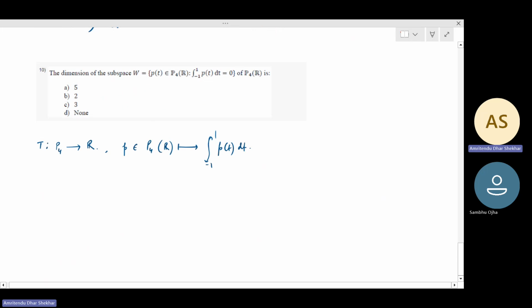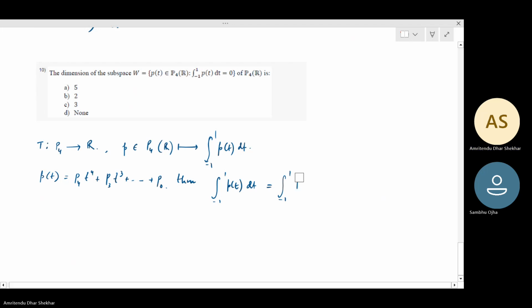So let us actually do it. It's not very difficult. Let's say we represent this polynomial as p4 t^4 + p3 t^3, all the way up to p0. Then the integral from -1 to 1 of p(t) dt is equal to the integral from -1 to 1 of the sum of p_i t^i, where i is from 0 to 4, dt.